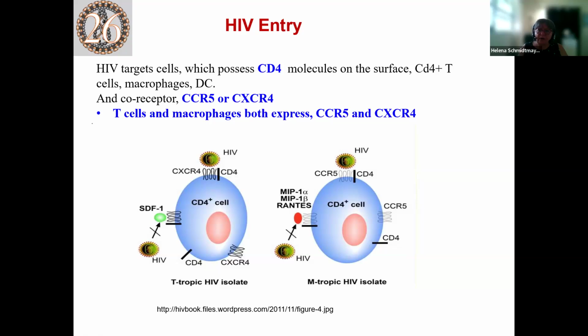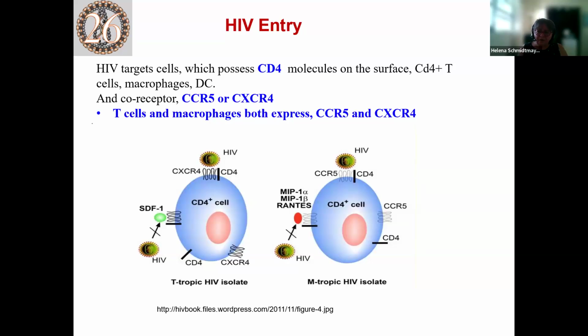So if you isolate the virus from a person who was just infected, and during the clinically latent phase, there would be predominantly CCR5 viruses. After transmission, you will only isolate CCR5 using viruses.